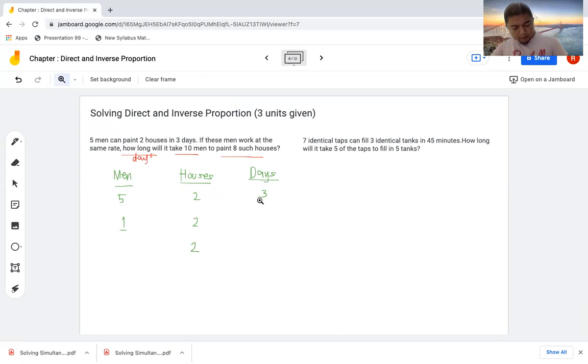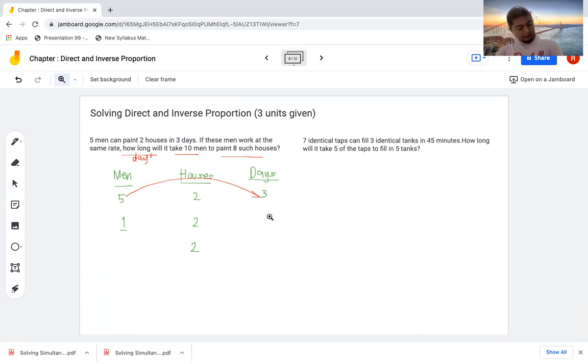So what you need to understand in here is that as the number of men decreases, the number of days for these 2 houses to finish will increase or will be multiplied. So in this case, we are going to multiply these 2 numbers for us to get the number of calculations in here.